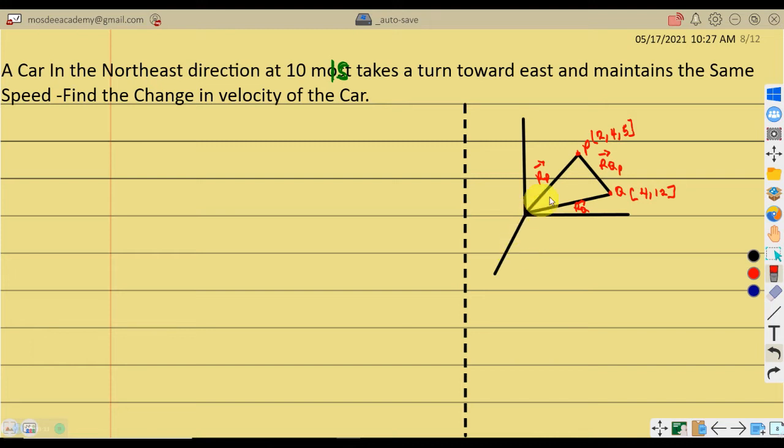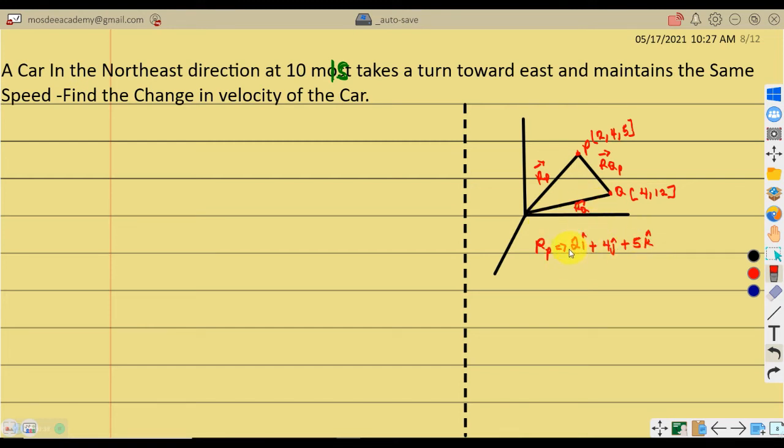So what I want to explain here is, let's first of all represent this in coordinate system, in the standard unit vector form, which we have explained. We can say the position vector RP in unit vector form will be 2i cap plus 4j cap plus 5k cap.